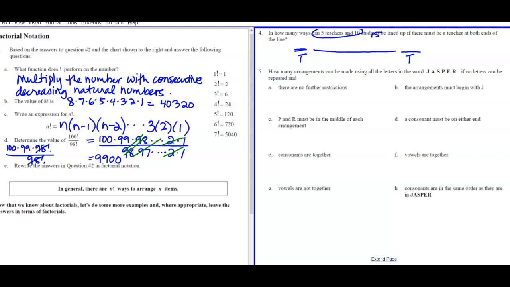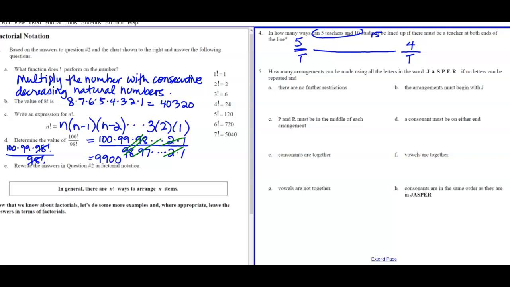Okay, so you want to know the total. In terms of the teachers, there's 5 teachers, so there's 5 possible teachers to be in the first position. Okay? Used one of the teachers up. So now there's only 4 teachers available for the last position. It says it must start and end with a teacher, and then in between, no one cares. Okay?